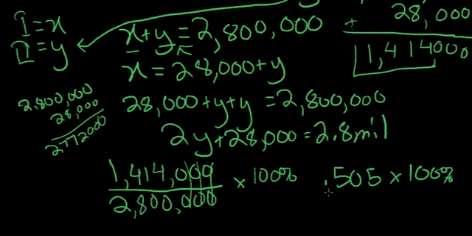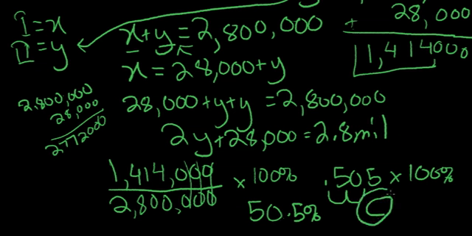So we move the decimal point 2 spaces to the right because it's times 100. So now it equals 50.5%. That is choice C. And that was one of the hardest questions in this section.